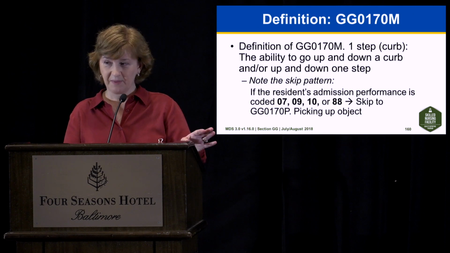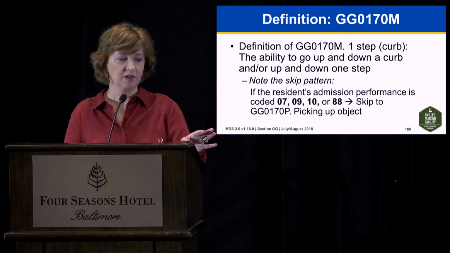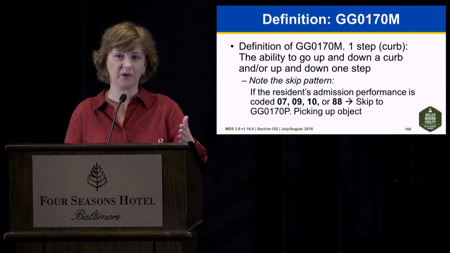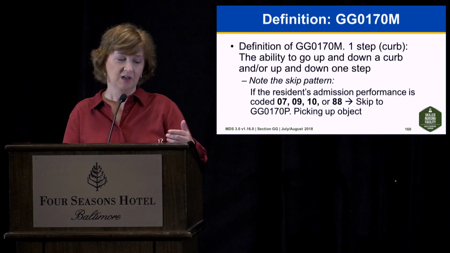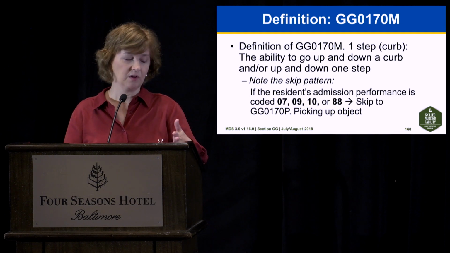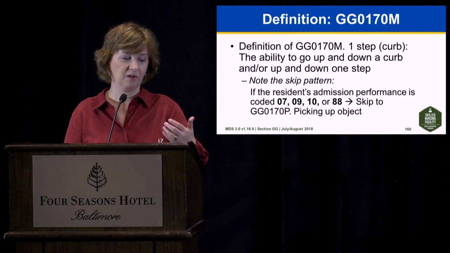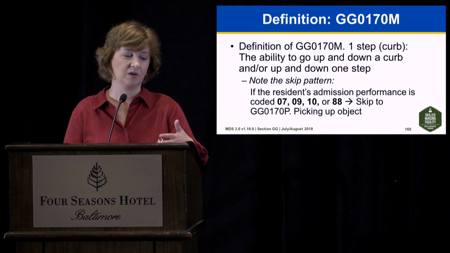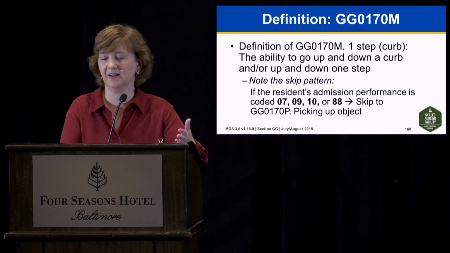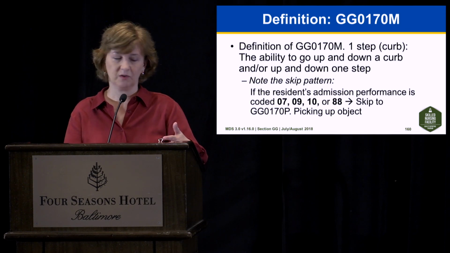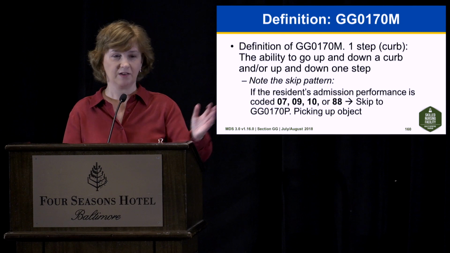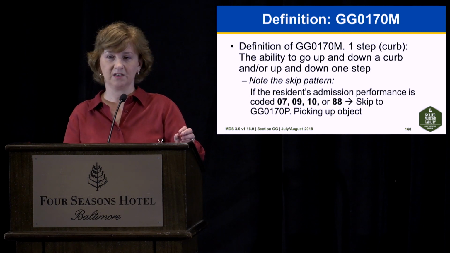Again, we do have a skip pattern here to try and reduce burden. So if the person is unable to go up and down a curb or one step, we do have a skip pattern that if you say that the person was not able to perform this activity, whether it's refusal or activity not applicable, 09, or 10 is coded, or 88, indicating there's a medical concern or safety concern, you would actually skip over this one and go right to pick up object.